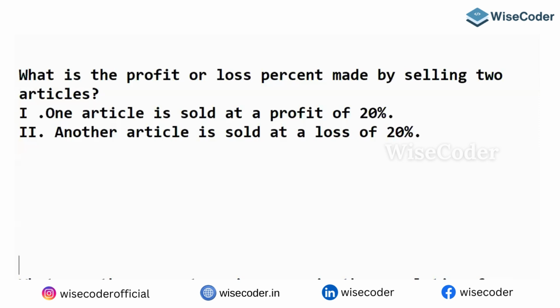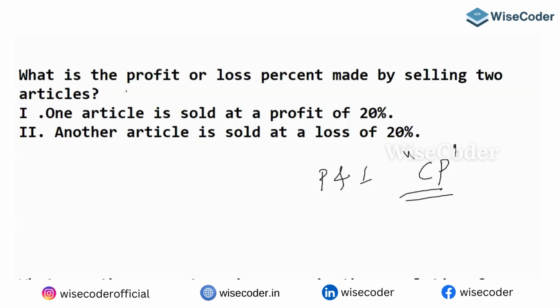So look at statement 1 alone. Guys, what is the profit or loss made on the articles? If you know the profit and loss concept, profit or loss is always made only on what? Cost price. Yes or no?